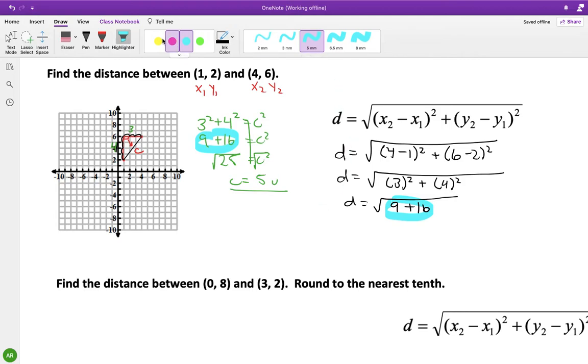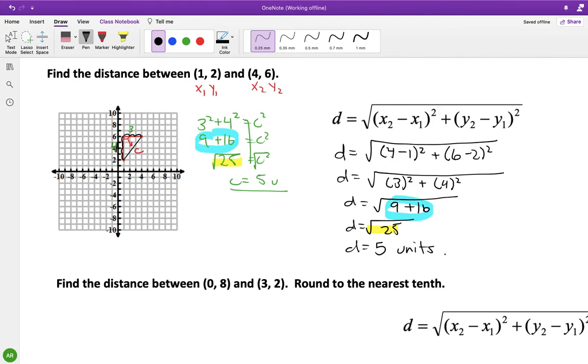Huh, imagine that. D equals the square root of 9 plus 16, which is 25. Square root of 25, square root of 25. Looks pretty similar. All right, the square root of 25 is 5. So D is 5 units. The distance between the points is 5 units.